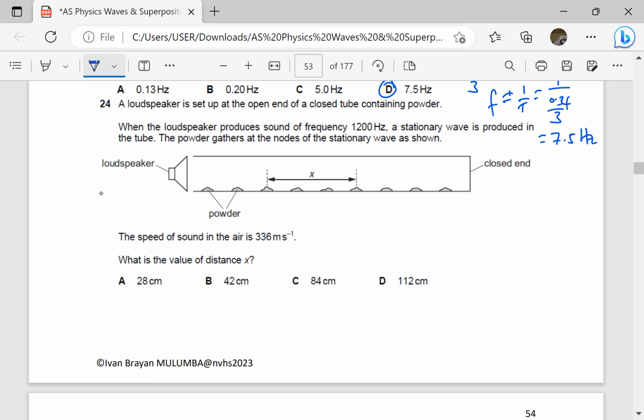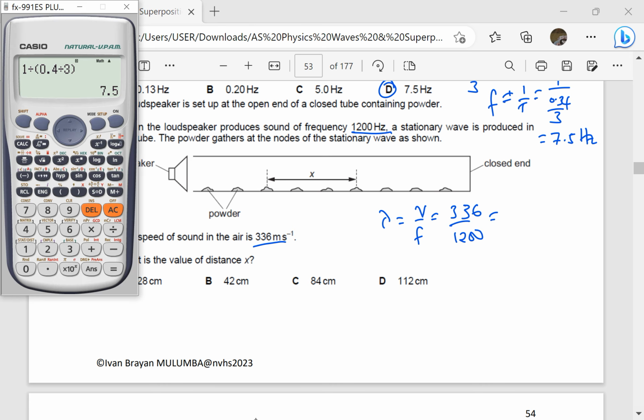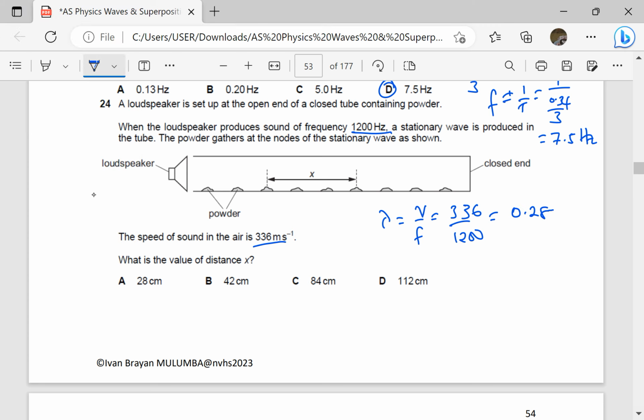What is the value of x? So they gave us the frequency and the speed. Let's first find the wavelength. So wavelength is going to be equal to the speed divided by the frequency, 336 divided by 1200. The wavelength is 0.28 meters.